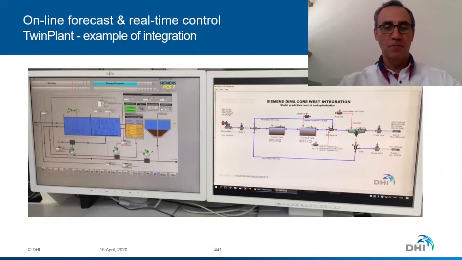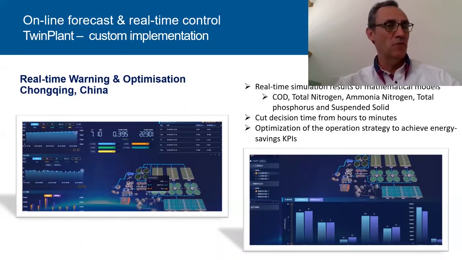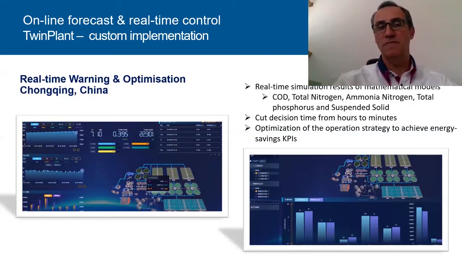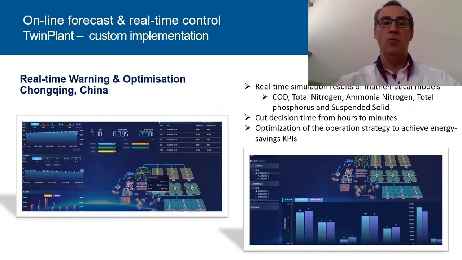Another example is the decision support system that we developed for one of our clients in China, where there was a request for a completely custom-based user interface for controlling a treatment plant. So on the background that I showed you two slides ago, we built the custom user interface for a specific treatment plant.